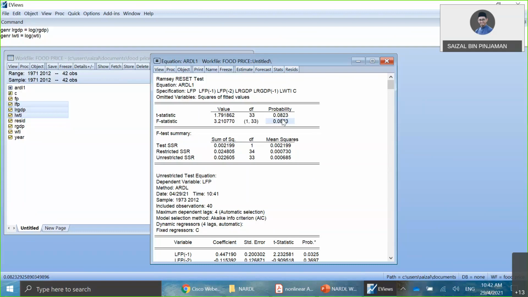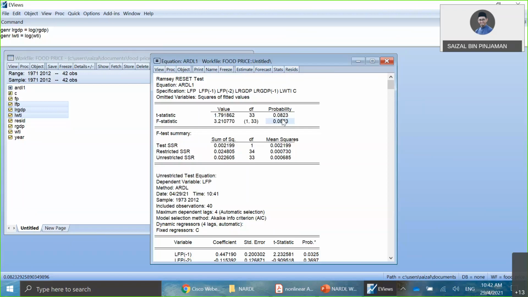And in order to strengthen your argument to use the NARDL, remember, whatever method we use, be it ARDL, VAR, VECM, OLS, or any other method for time series, and not just time series but cross-sectional and panel data as well, we need to have a strong justification for using the specific model. So in this case, apart from conducting the Ramsey reset test, you can strengthen your argument by referring to the theory and what previous research says about the relationship between the variables.